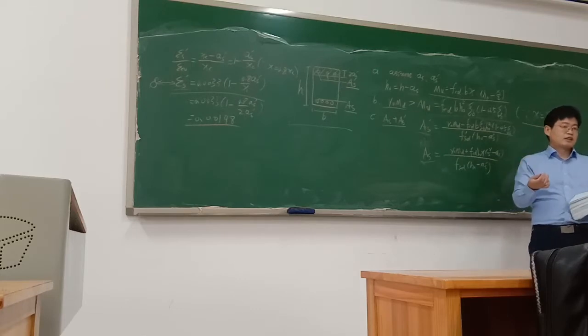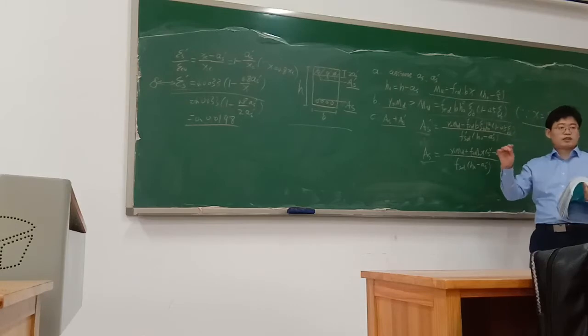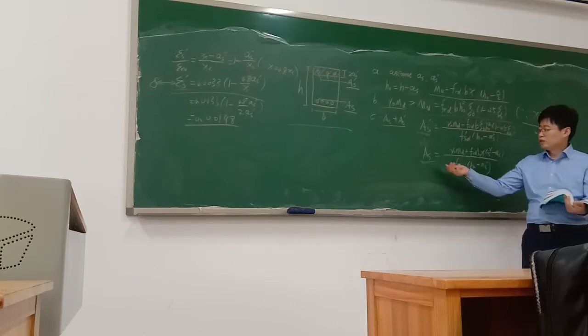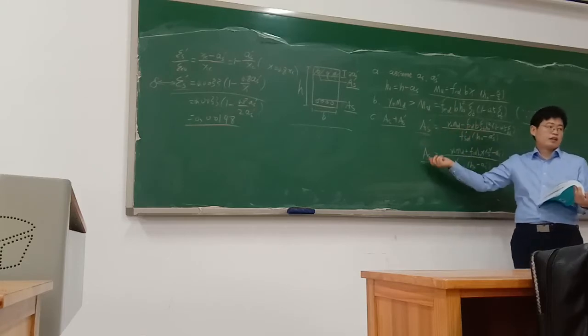Just like the last class, we check the table and select different combinations of steel to meet the requirement that the area be larger than this value.